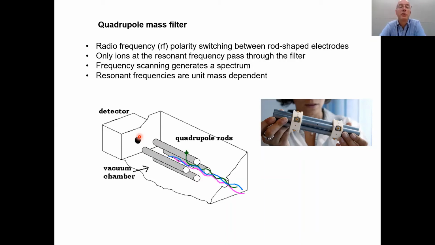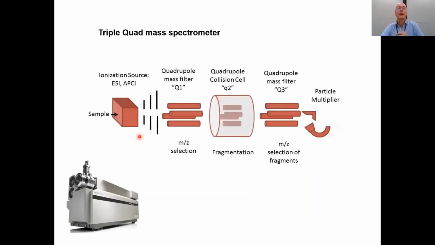And the resolution of quadrupole mass filters is not high. The resolution is unit mass dependent. But the quadrupole is very good for selecting parent ions for fragmentation.